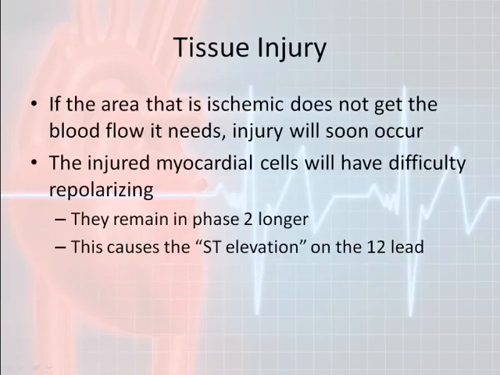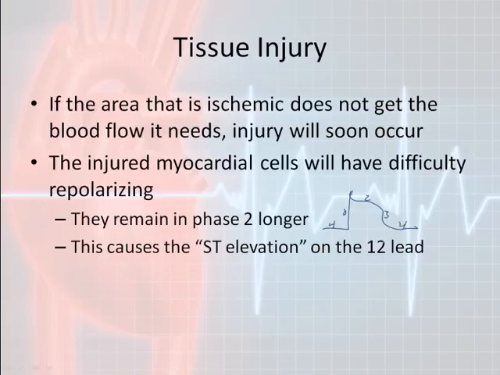Tissue injury comes from if the ischemia does not get the blood flow, eventually myocardial cells will have difficulty repolarizing. What this means is in the cardiac cycle, in the phases of the cardiac cycle, if you remember this little thing right here, there's phase 4, that's 0, that's 1, that's 2, that's 3, and that's 4 again.